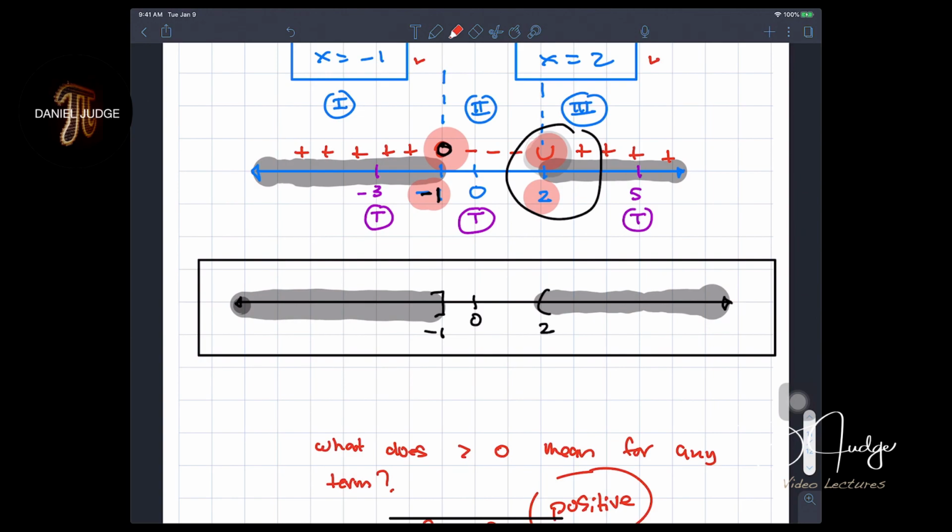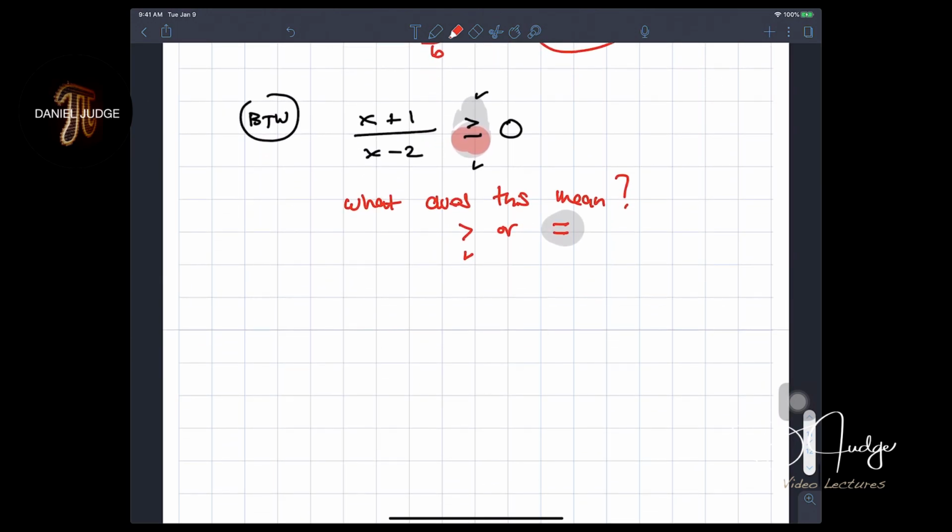In other words, if they change it to have the equal sign, then you only include the -1, but you don't include the 2. So I have 0. I got -1. I have 2. And this is the final answer when you shade. So it's only around the first one.